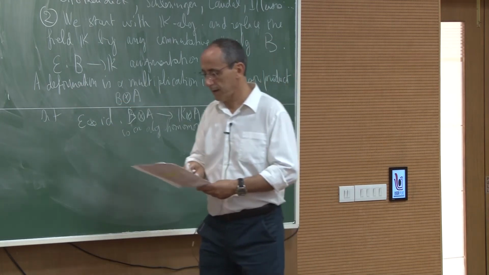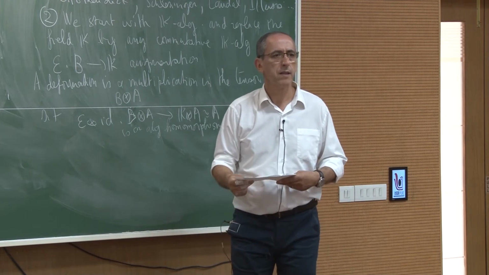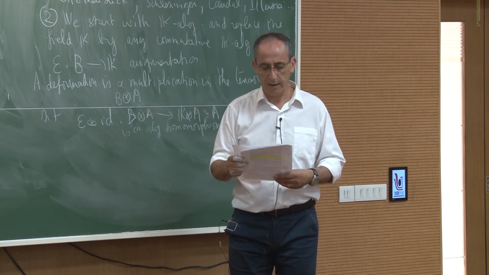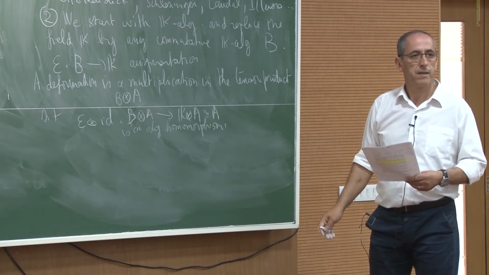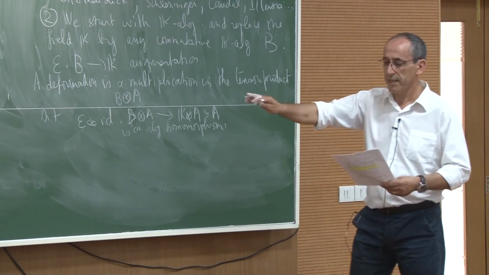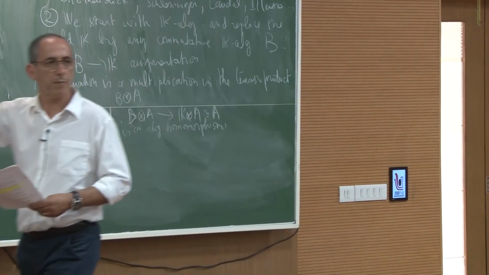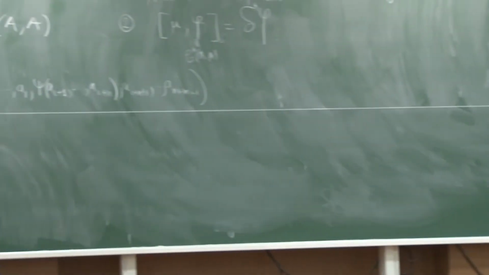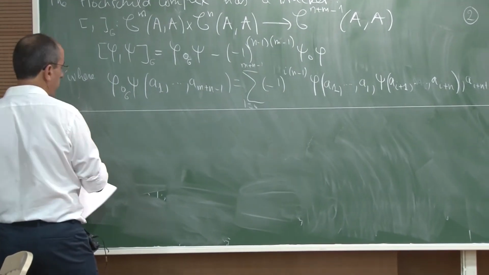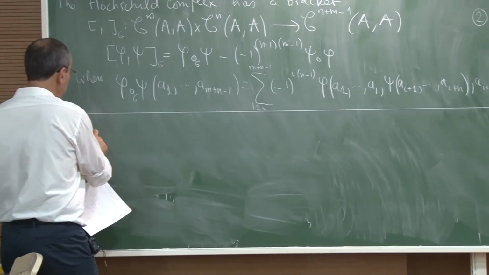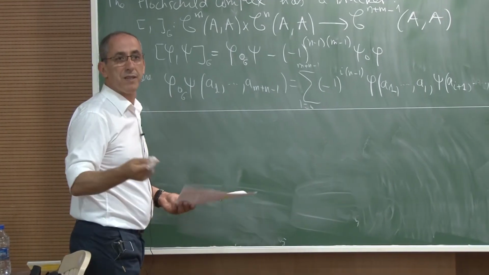You don't ask any compatibility with mu of this operation. You have the mu on A tensor A to A. Then let's write the multiplication now. What we need is that this new multiplication, let's call it mu B, should be associative.